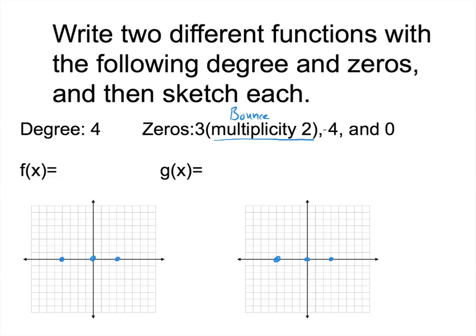So that's stuck. Fourth degree, well, since I have a fourth degree, doesn't that mean I have two options? Couldn't it be this, or couldn't it also be this? Aren't those both fourth degree in behaviors? Now, if they look like this, isn't our lead coefficient going to be negative?